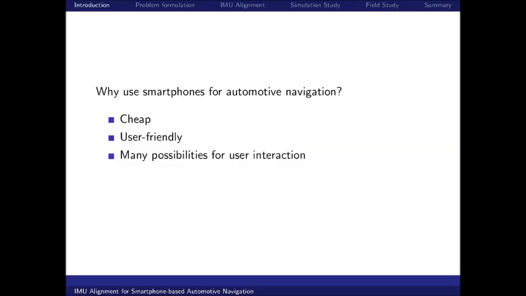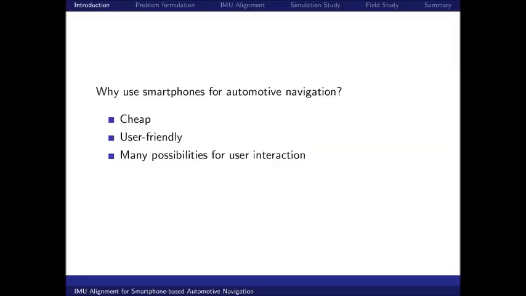Let me give you a short motivation for why we would like to use smartphones for automotive navigation. First, it's very cheap as compared to other solutions. At least now, given that the smartphone penetration rate has become so high all around the world. Second, it's user-friendly.